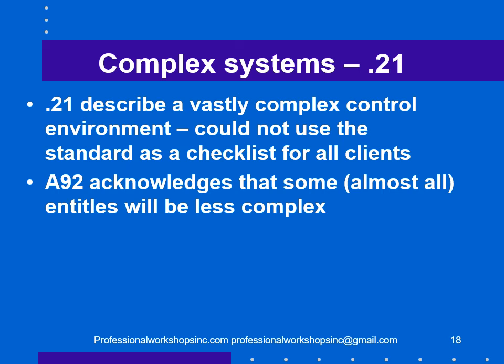So I think it's actually okay, but you just don't get scared off by the vastly complex language. And read paragraph A92, which talks about scalability and acknowledges that some or almost all entities will be less complex. So you just have to read your way through that. Don't be scared by the complexity of that paragraph, for instance.